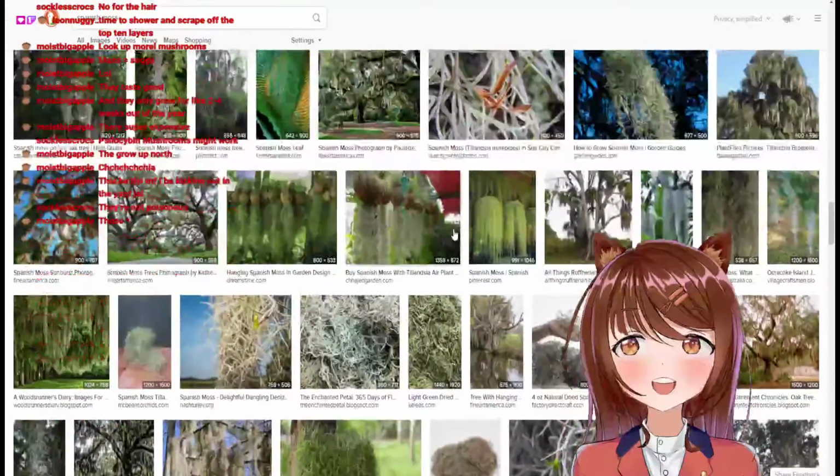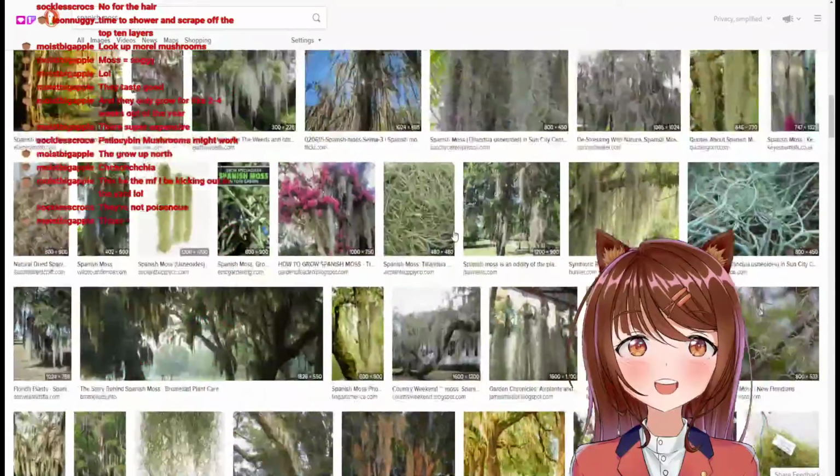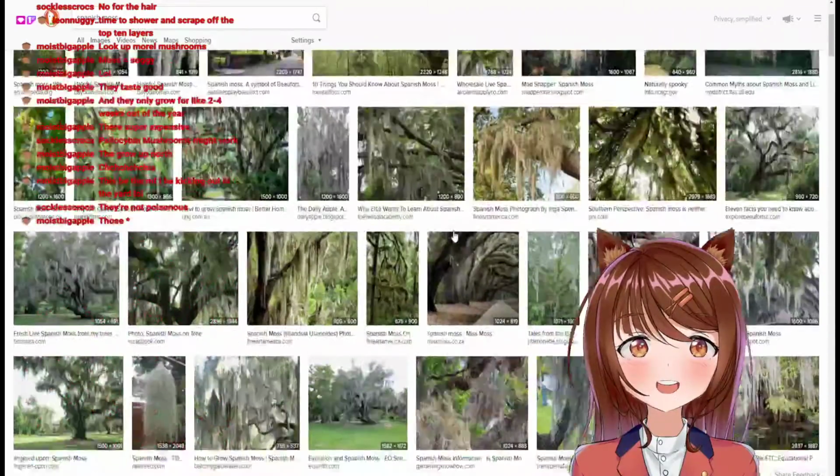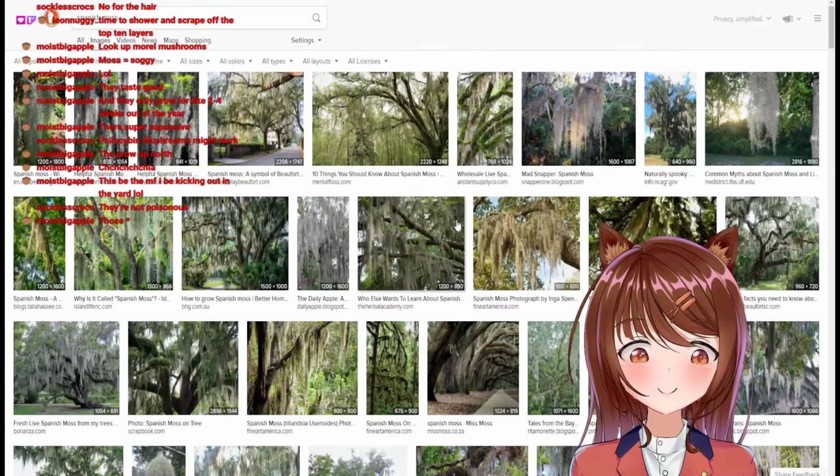Yo, we should start a new fad of living wigs. Wigs that are literally plants. Yo, hold up, I'm sending out a tweet right now. We need to make this happen. Please start a fad of wigs that are literally living plants. Hashtag wigs.